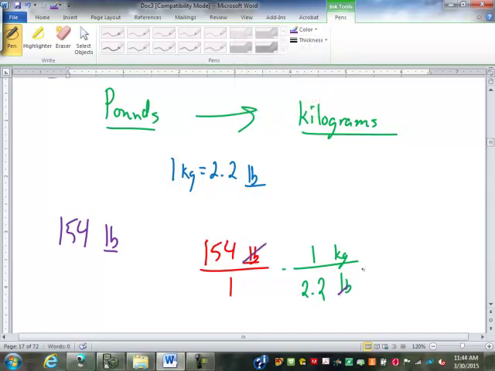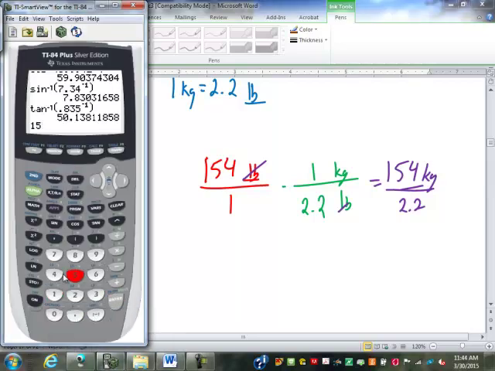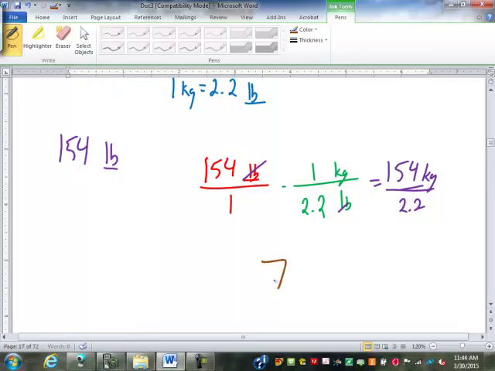The pounds will cross cancel out. 154 times 1 kilogram is 154 kilograms. 1 times 2.2 is 2.2. So what we end up doing here is simply dividing by 2.2. We get 70 kilograms.